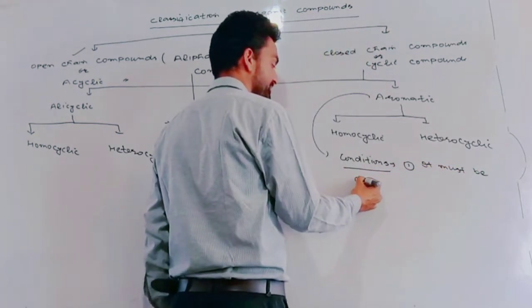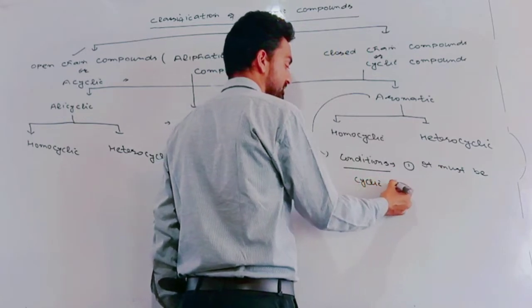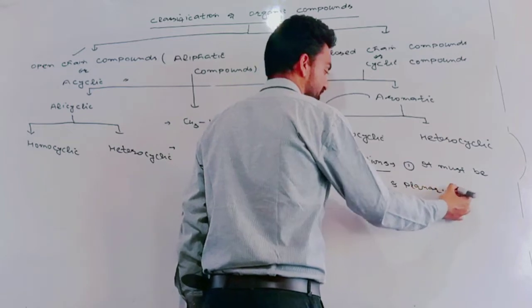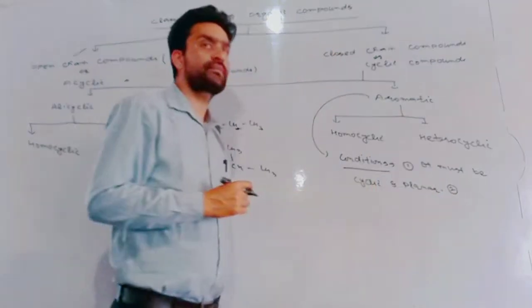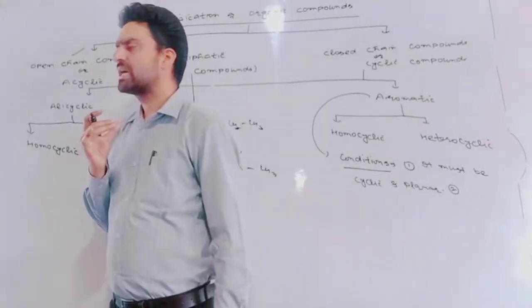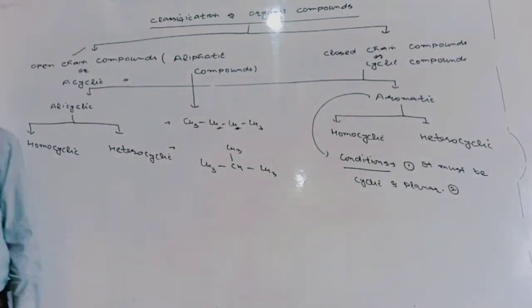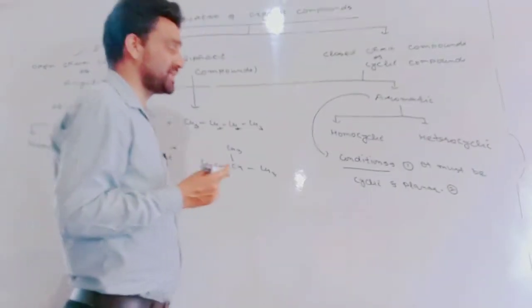Right? What was the second point? हर कोई कार्बन एटम इसमें क्या होना चाहिए? sp2 या sp होना चाहिए, और उसमें कौन सी कंजुगेशन होनी चाहिए? क्लोज्ड कंजुगेशन.